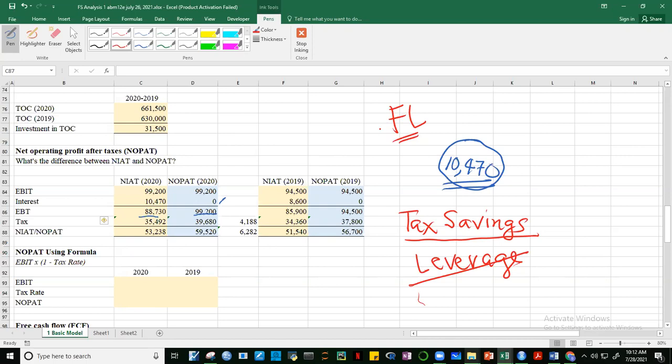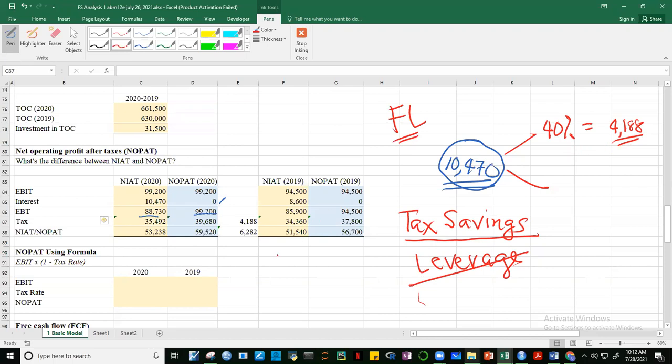Okay? So itong 10,470 na to, hindi lahat yan mapupunta sa savings for NOPAT. Kasi yung 40% yan, okay? 40% yan, which is 40% times 10,470, which is 4,188. Okay? Ito yung nagiging tax savings. Okay? Kasi gumamit tayo ng debt. In other words, parang tax penalty to.